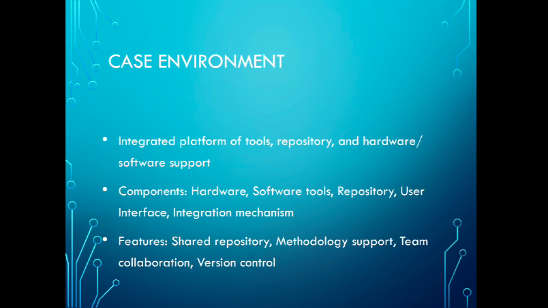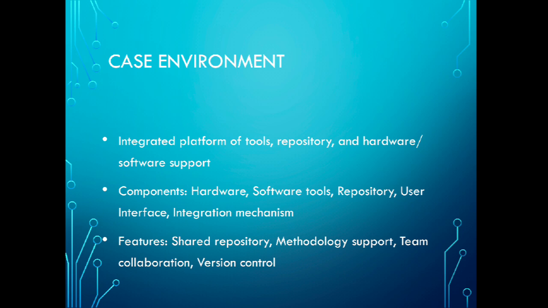Now that we know the different types of CASE tools and their broad scope, let's talk about how they all work together. Using a collection of individual separate tools can be inefficient. To get the maximum benefit, these tools need to be integrated into a single cohesive platform. This is what we call a CASE environment.